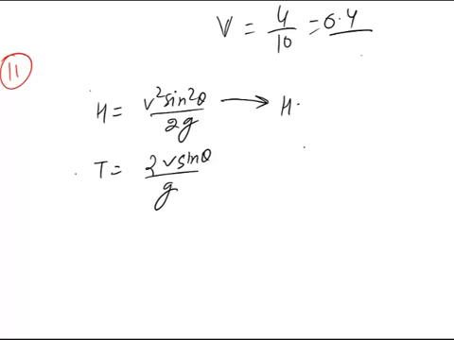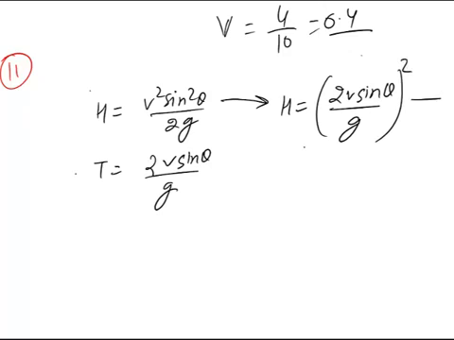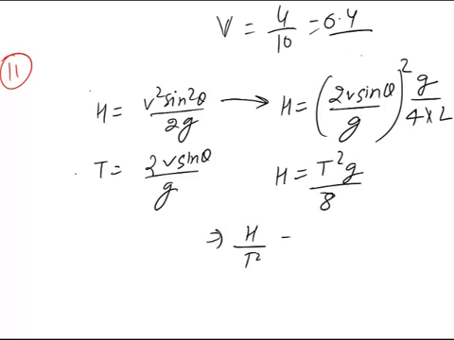So h can be written as 2v sine theta by g whole squared. So this would give me 4, so I have to divide by 4. This would give me g squared, so I have to multiply g. Plus 1, 2 was already there. So h comes out to be t square g over 8, and ratio of h over t square is 10 over 8 equals 5 over 4.